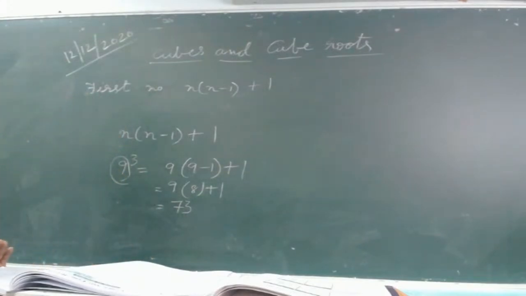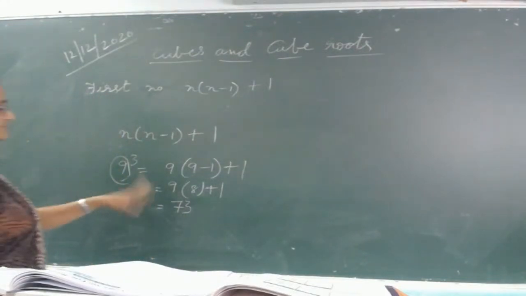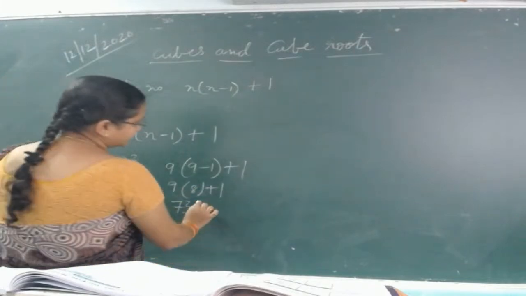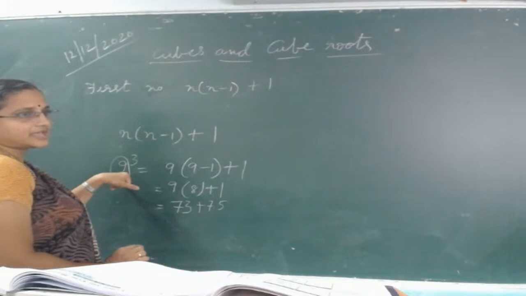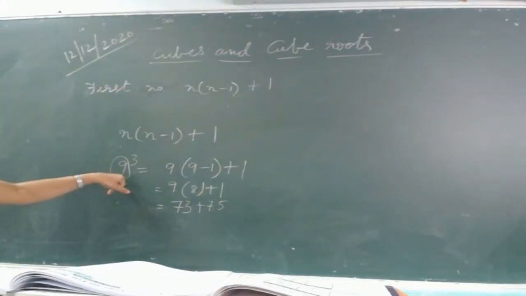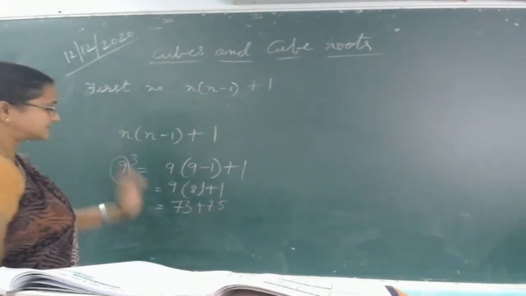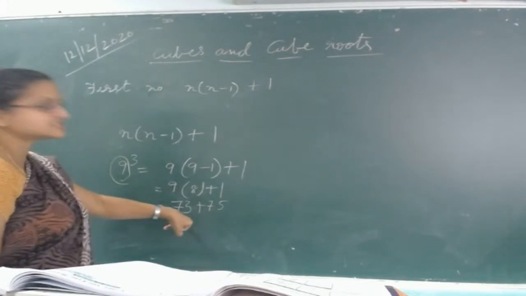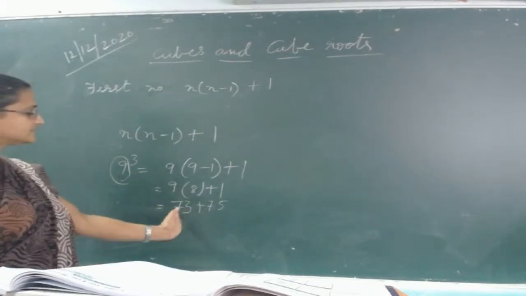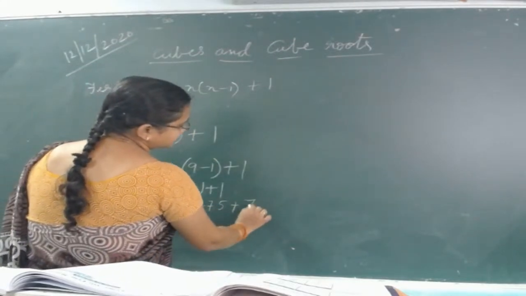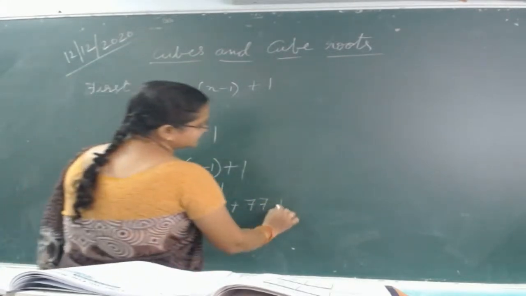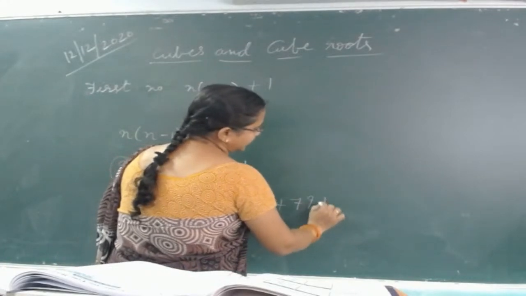Understand or not? Okay. So from 73 onwards, after 73, which odd number will come? 75. So how many odd numbers do we have to take? Here 9 was given, so you have to take 9 odd numbers starting from 73. 73 is the first odd number you have to take. After 73, the next odd number is 75, afterwards 77, afterwards 79, afterwards 81.